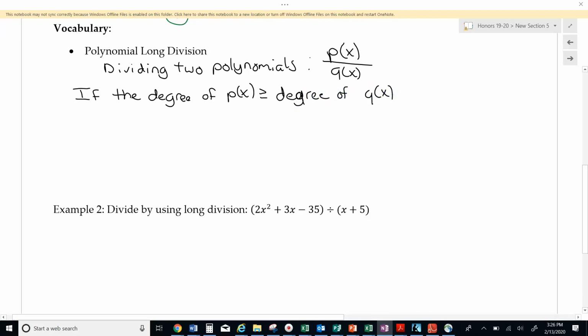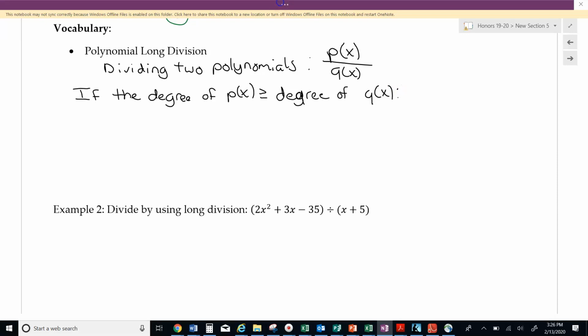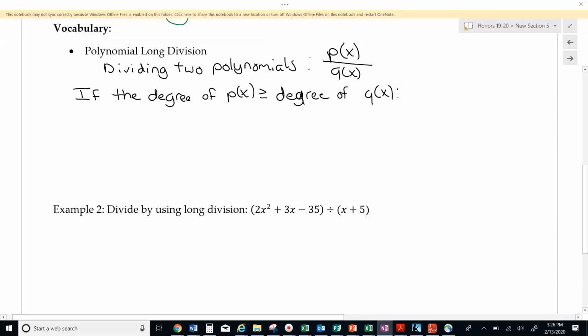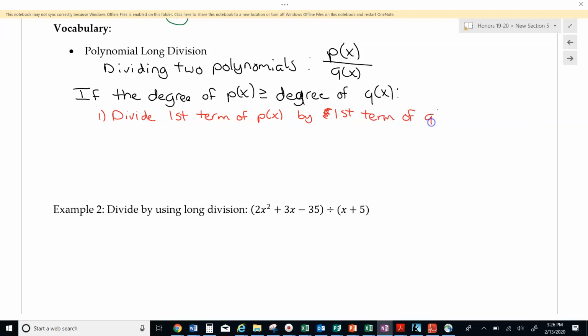We follow very similar steps. Step 1, divide the first term of p of x by the first term of q of x. So it's the first term divided by the first term.